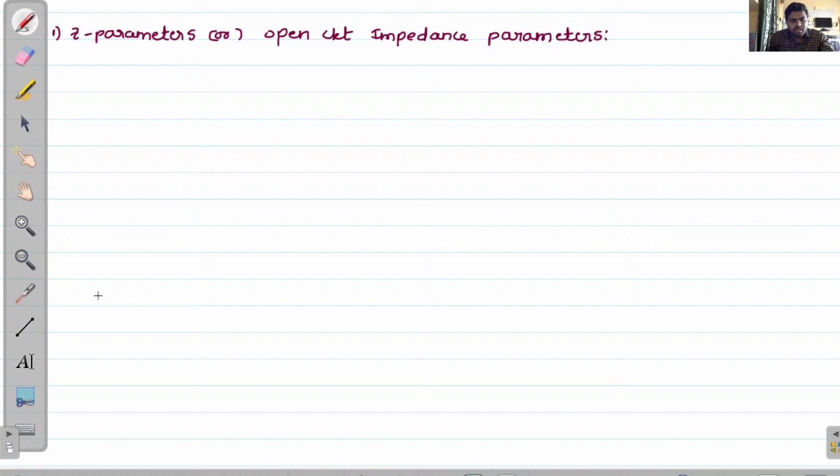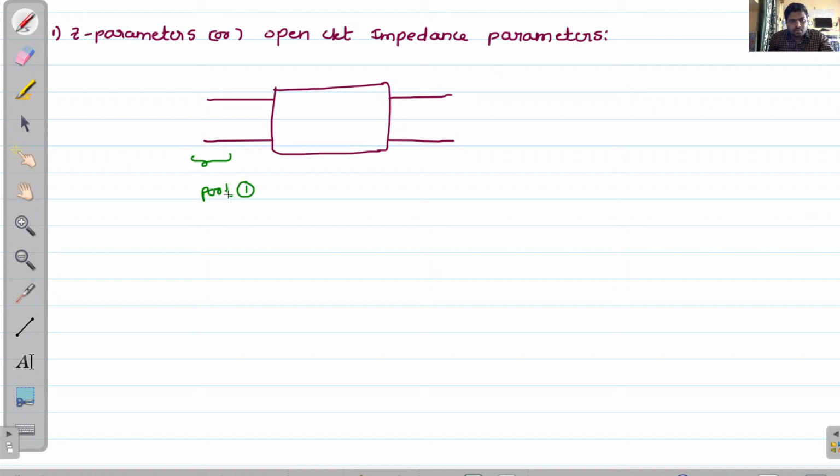So first you can take the two-port network standard model. This is port one, and this is port two, and this is your network.